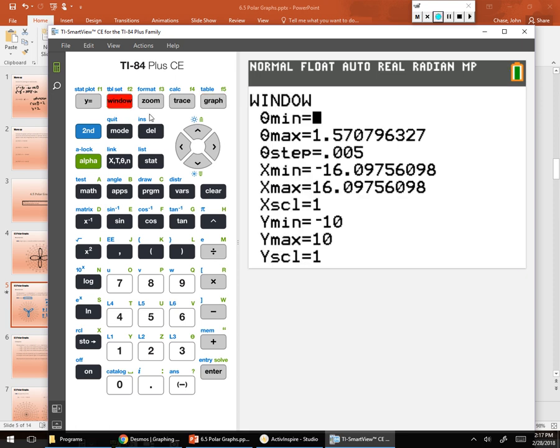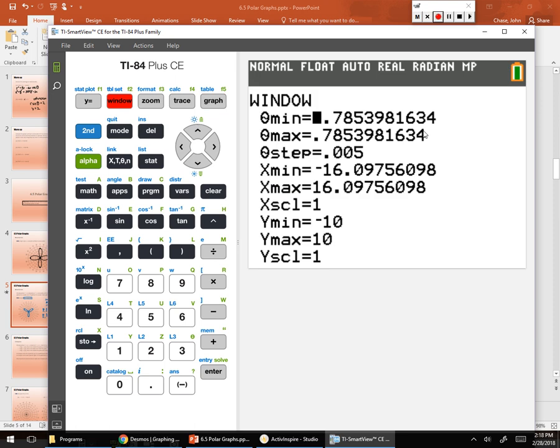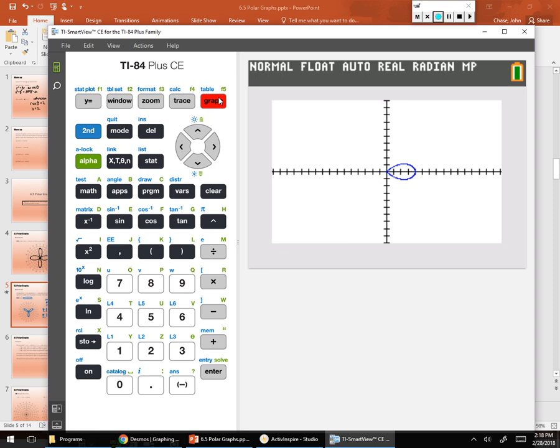Negative pi over 4 to positive pi over 4. Yeah, look at that. Wow. Who said that? Can you explain why that makes sense? Stephanie, go. It's 0 when it gets to pi over 4, and it also gets 0 when it gets to negative. Did you hear her?